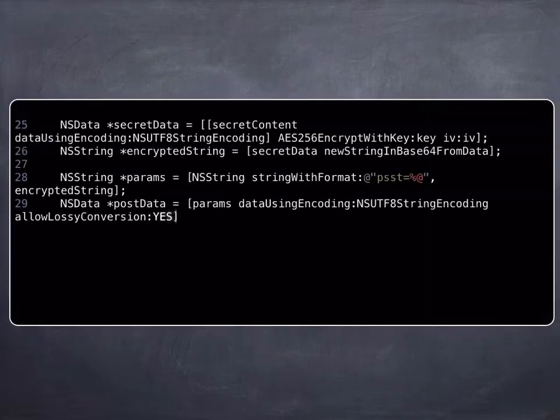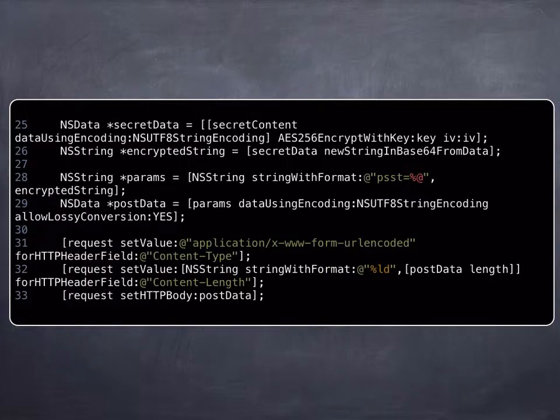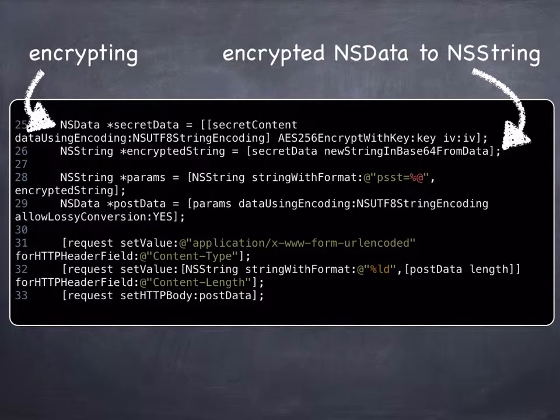The next section of the code is where all the magic happens. As you can see, the first thing that we do is take the string and create NSData in encrypted format with our key and initialization vector. The next thing that we do is take that NSData and convert it back to a string, so we could pass it as a parameter value to our Rails application.